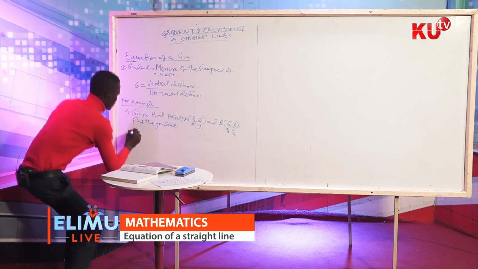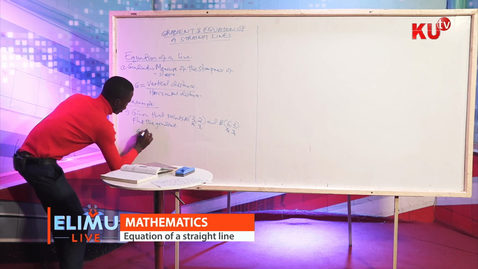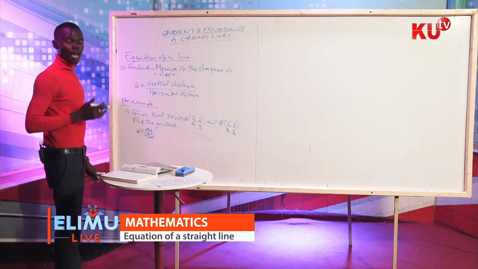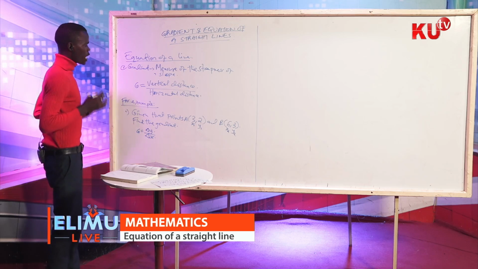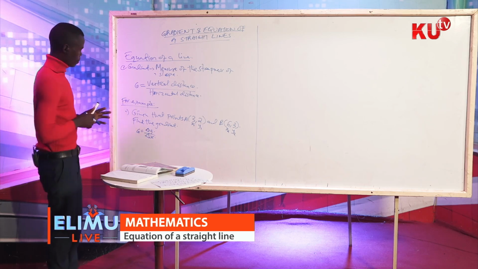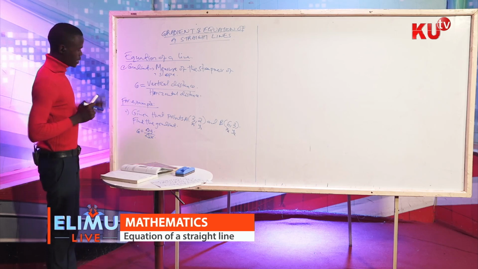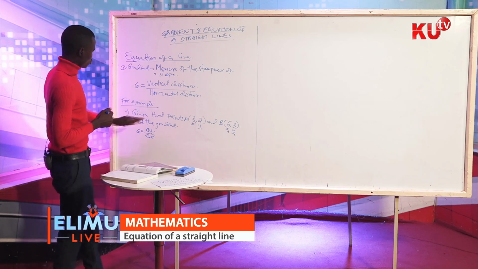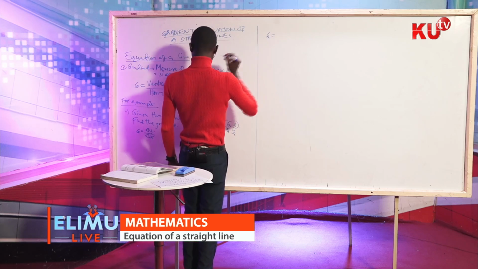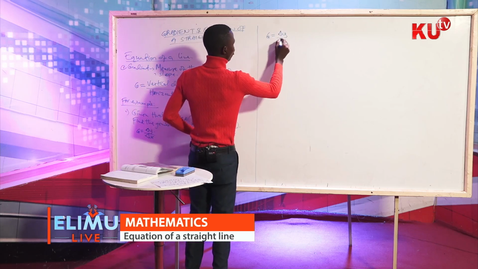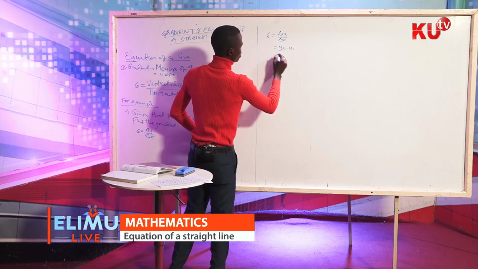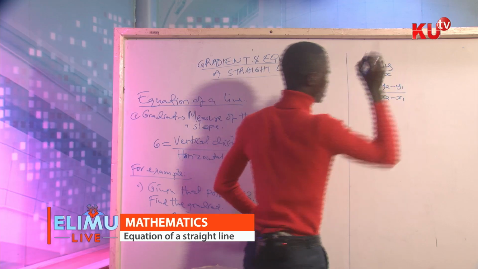You will see the reason as to why I've decided to use X1, Y1, X2 and Y2 as we work out. Now, gradient will be change in y over change in x. The change in y is the change in the vertical distance, whereas the change in x is the change in the horizontal distance. So our gradient will be change in y over change in x. Change in y will be y2 minus y1 over x2 minus x1.